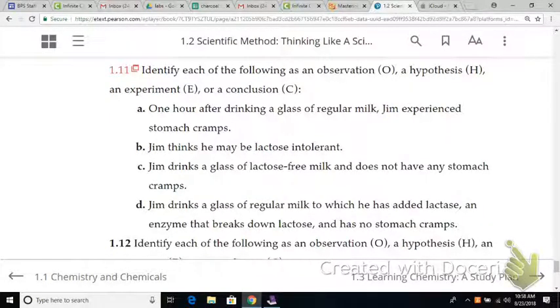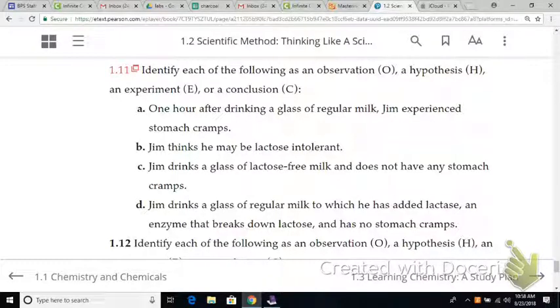We've got a person that gets sick or has stomach cramps after he drinks regular milk. So what's that? An observation. He thinks he's lactose intolerant. That would be a hypothesis. Can he test it? Well, what he does to test it is he drinks lactose-free milk and he does not have stomach cramps.